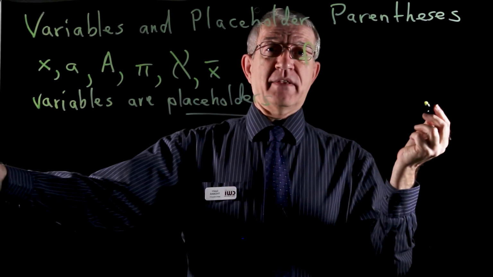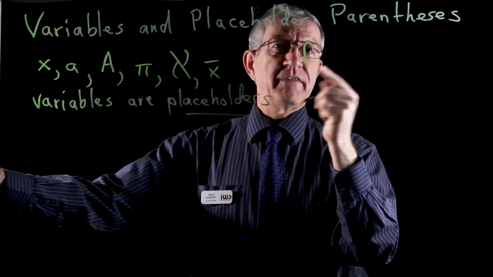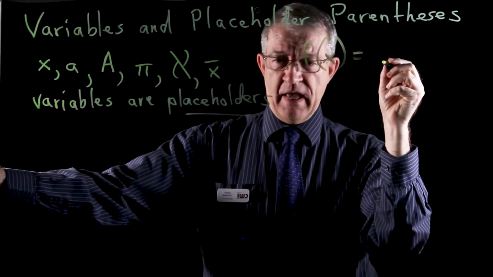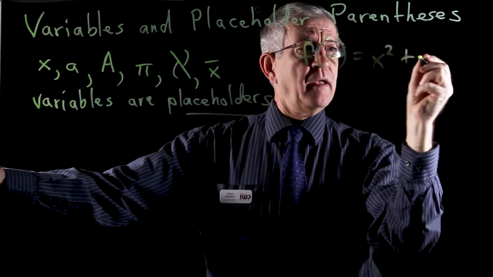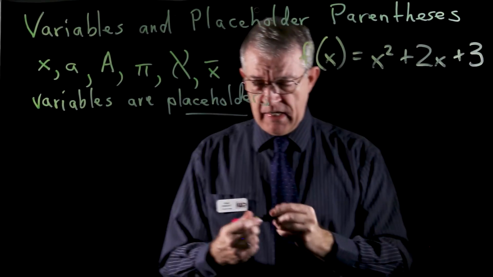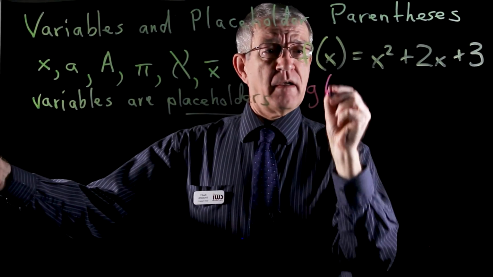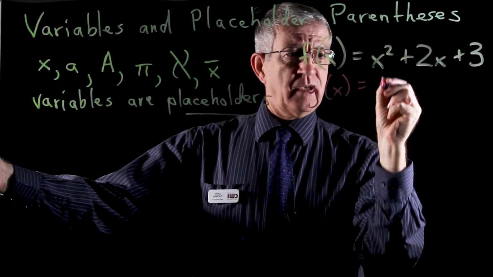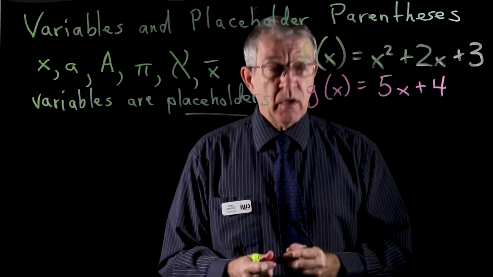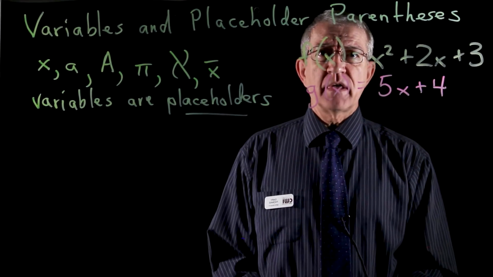So f, well, there you go, another symbol that you could use. Typically, f and g are used for functions. So if we define f of x as x squared plus 2x plus 3, and if we were to define g of x as 5x plus 4, we do see a lot of these x's, and these are the variables I want to talk about today.